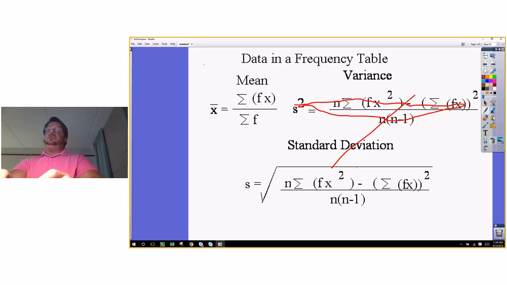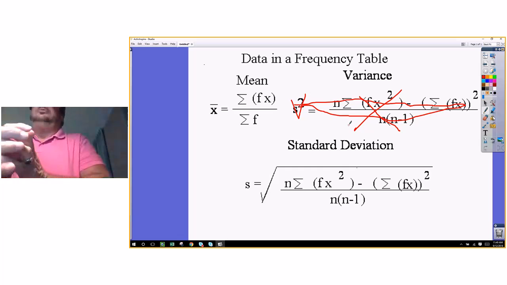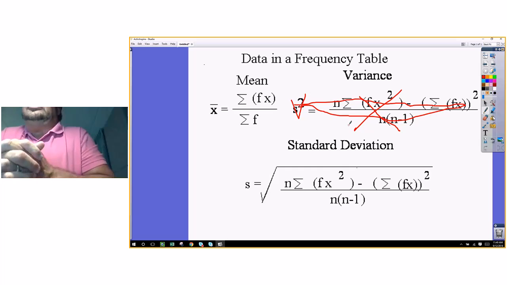There we go. Don't write this one because look, is this formula and this formula the same? Yes. What is the standard deviation? The square root of the what? Variance. So this is the variance and this is the standard deviation. This is the formula and this is the mean. Now, you remember what we said was a frequency table? A frequency table is a 25-cent word for a table. You got categories or classes on the left and head counts on the right.